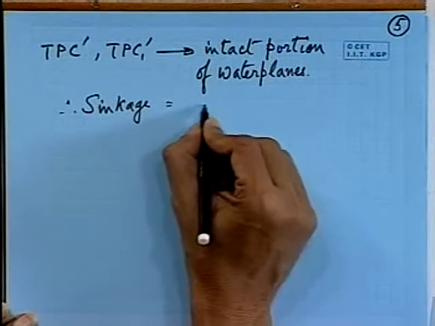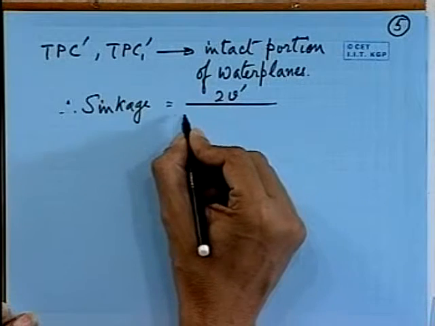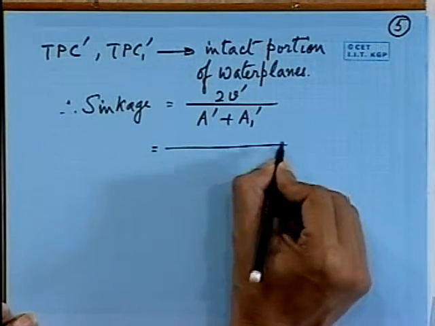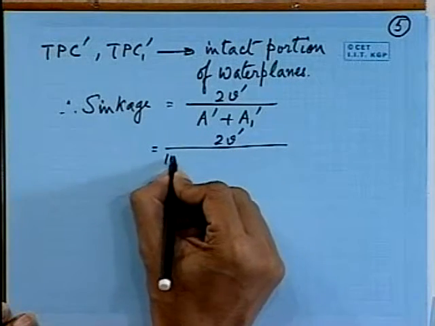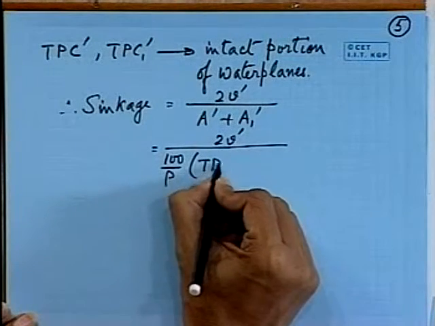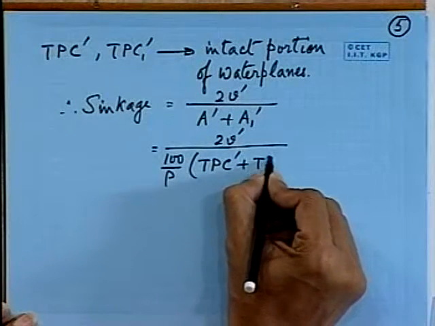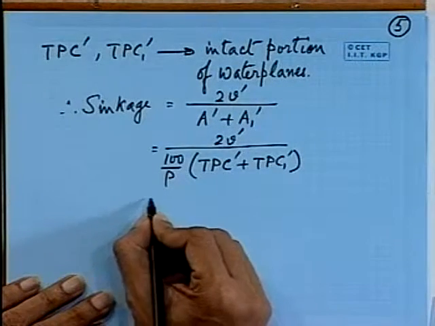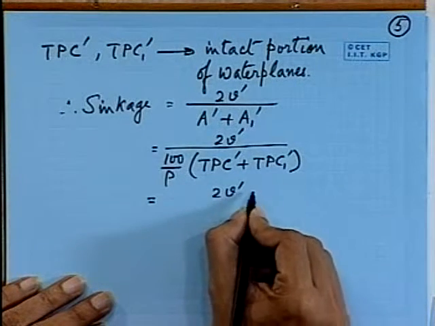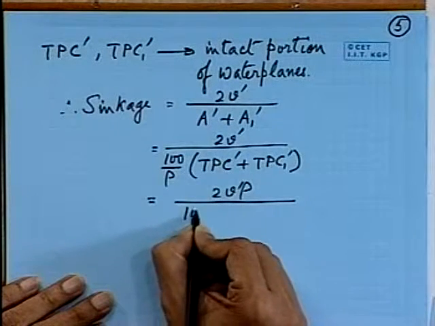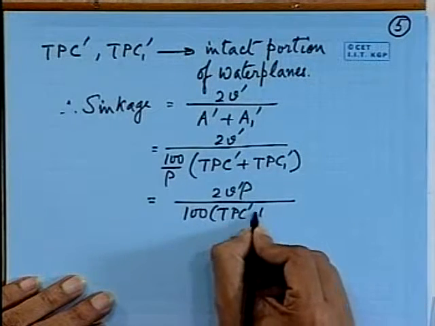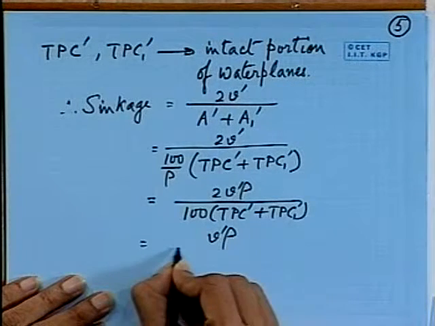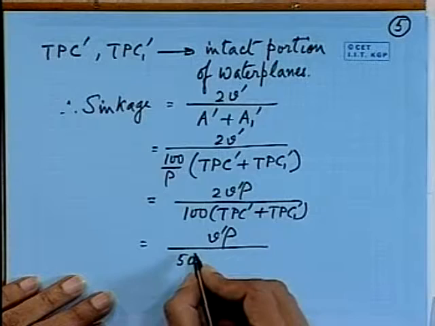So this will be 2V prime divided by A prime plus A1 prime, and ultimately you will get the result. So we have finally calculated your sinkage.